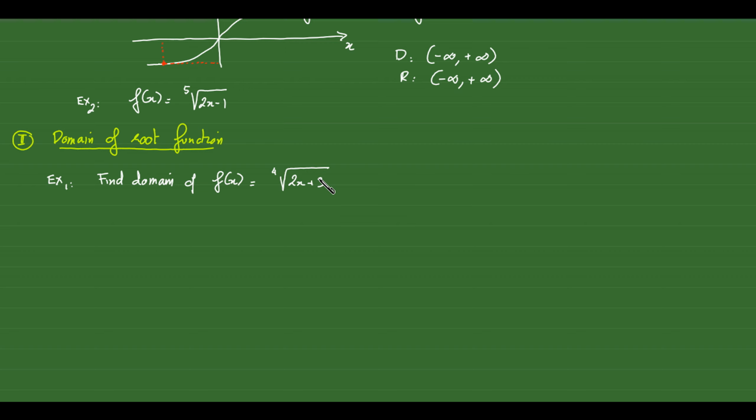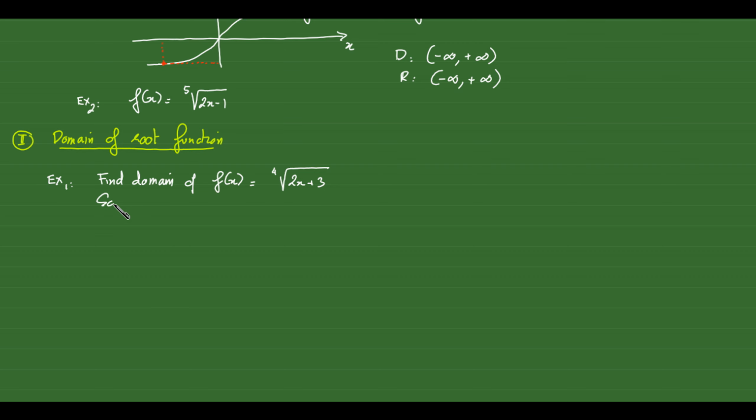We know that for an even root, we cannot take the square root of a negative number, but we still can take the square root of a positive number and 0, because the square root of 0 is still 0. It means that anything inside the radical, which we call the radicand, of the even root is always greater than or equal to 0.